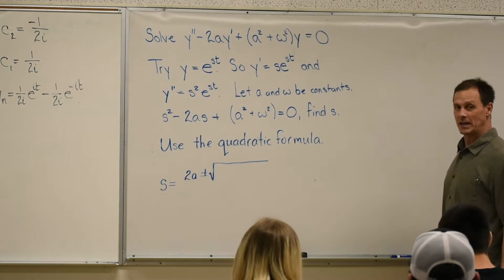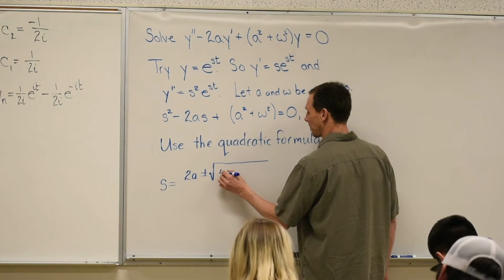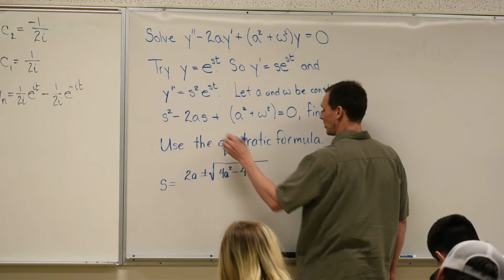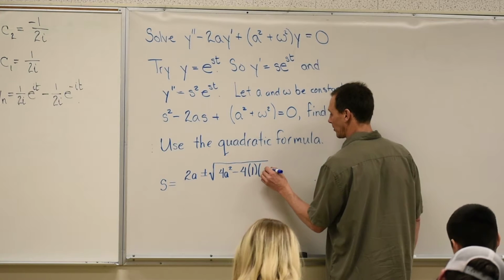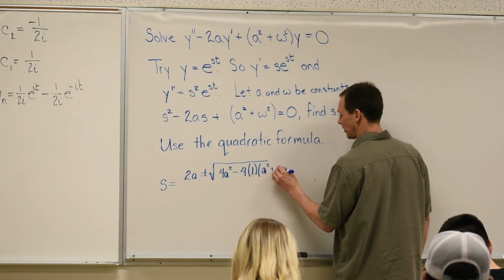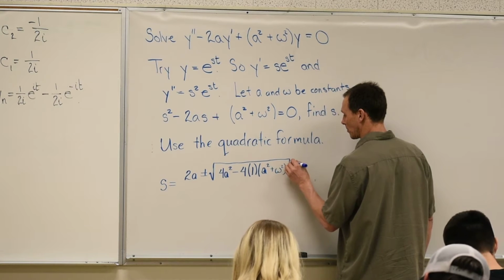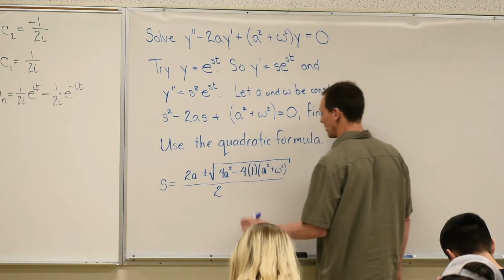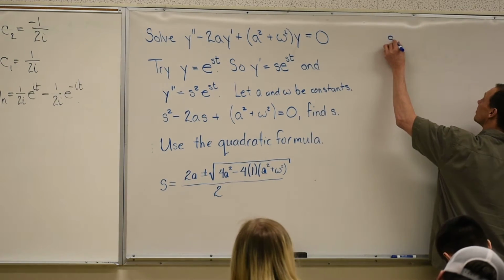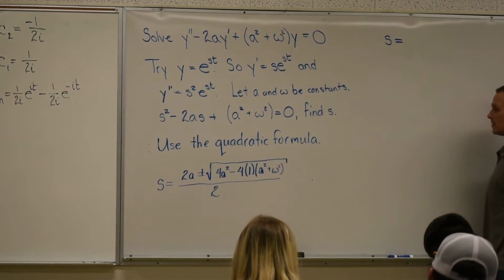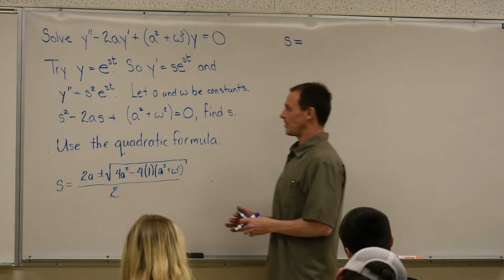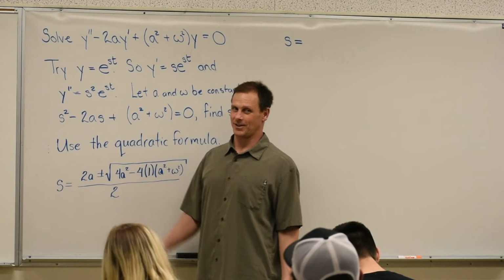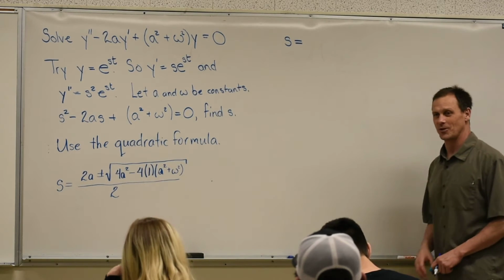The square root of b squared, so that's 4a squared, minus 4 times the a term, which is 1, and the c term, which is a squared plus omega squared, all over 2 times the a value, which is 1.